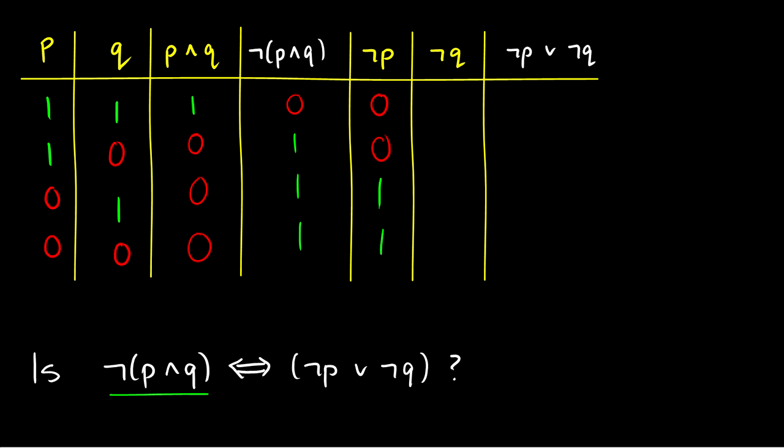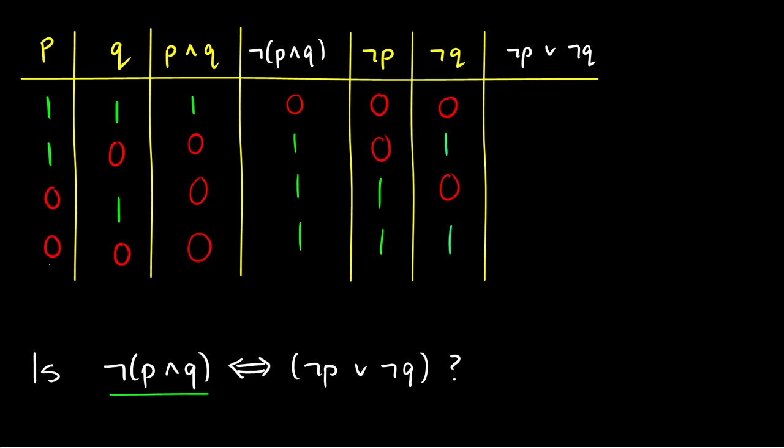And again, just to connect these visually, this P column changing to not P, we just reverse the values. Similarly, with the Q and not Q column, we just reverse the values again. So instead of 1, 0, 1, 0, it's going to be 0, 1, 0, 1.